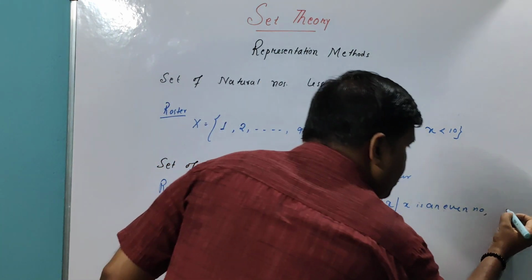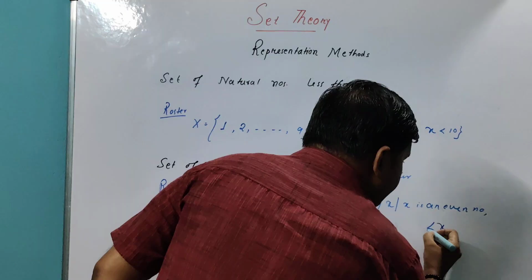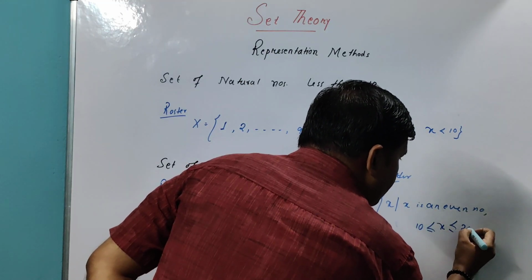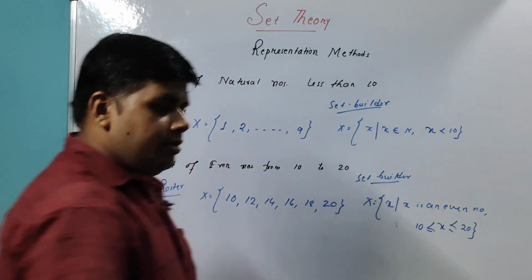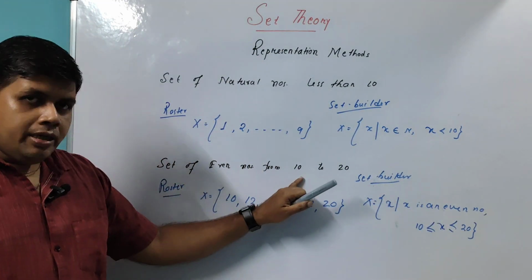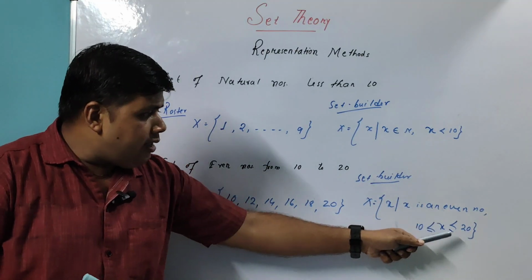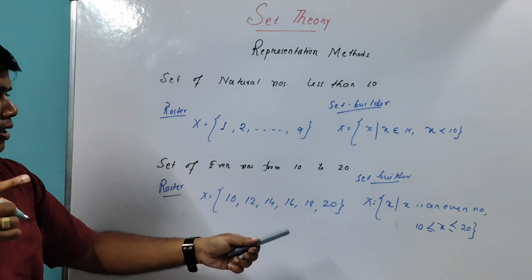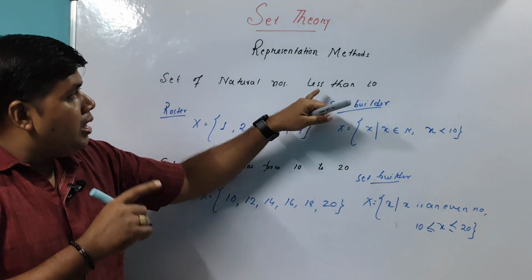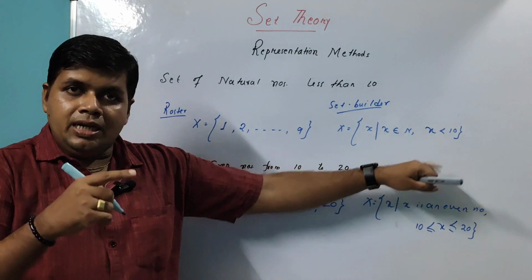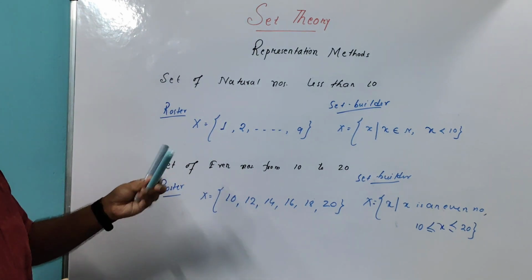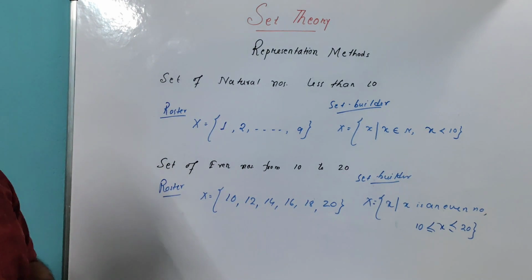Next, x should be greater than or equal to 10 and less than or equal to 20. Why is it less than or equal, greater than or equal? Because it should be from 10 to 20. However, in the previous case, it was less than 10, therefore we had used the symbol less than 10. So these are the different ways of representing a set.